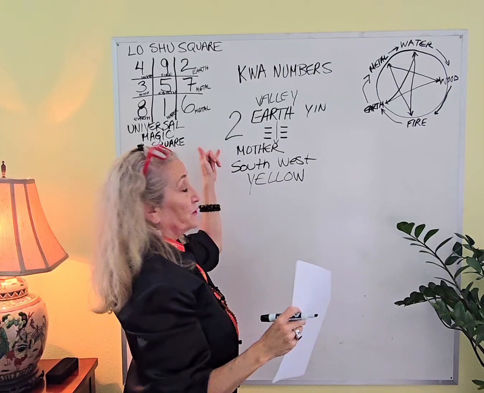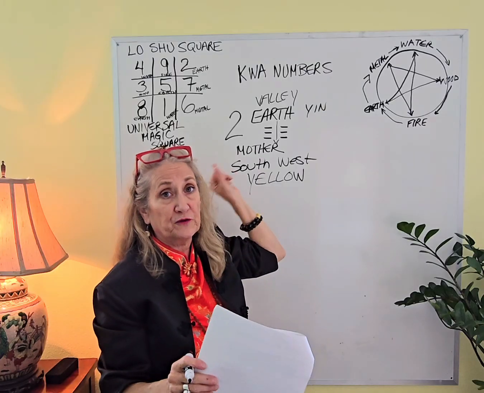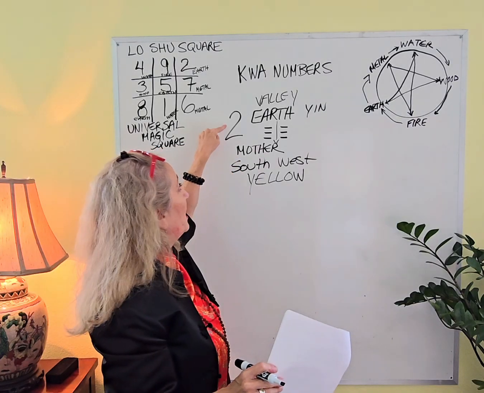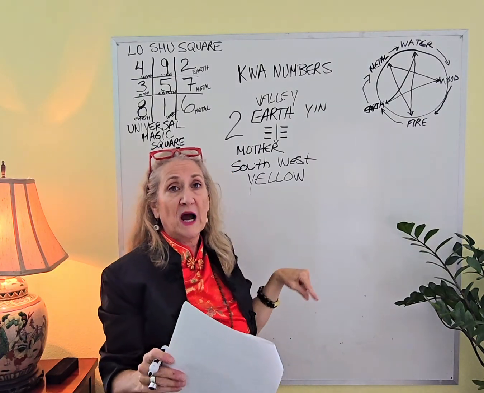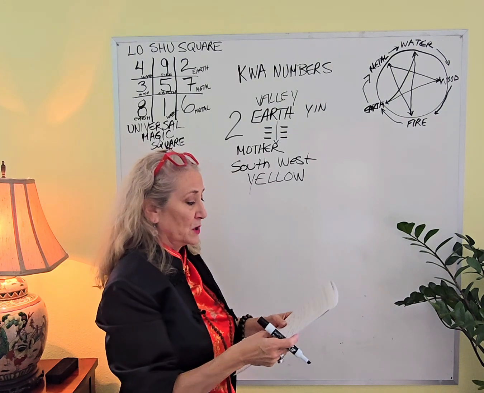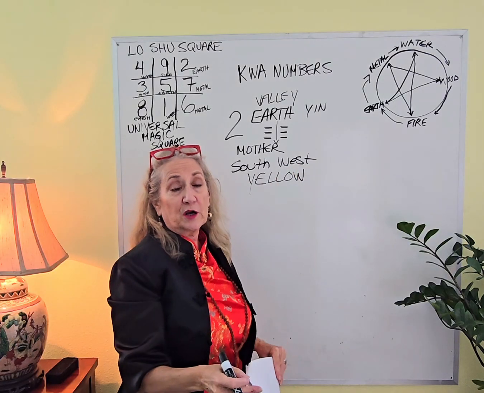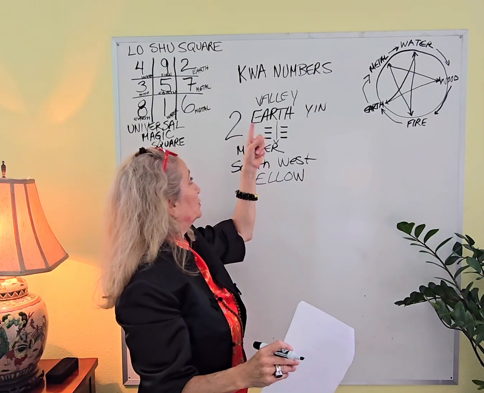So again, if you've done your Ming Kwa number, like in the last few videos, and you've come up with a 2 Earth, we're diving a little deeper into some of those characteristics of 2 Earth, all right? So the southwest is obviously a great direction for 2 Earth.